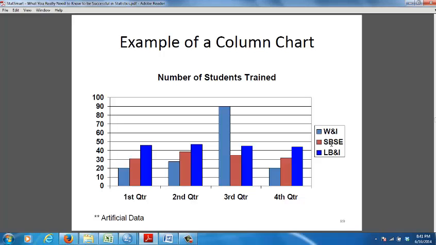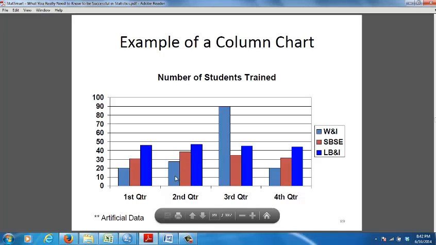Each color represents a different organization, and in each of these cases, you can look at the bars and find out who trains most. Typically, according to this data, LB&I trains the most.